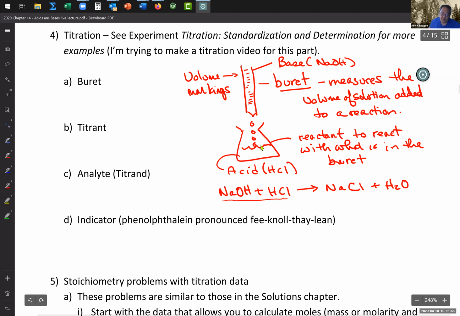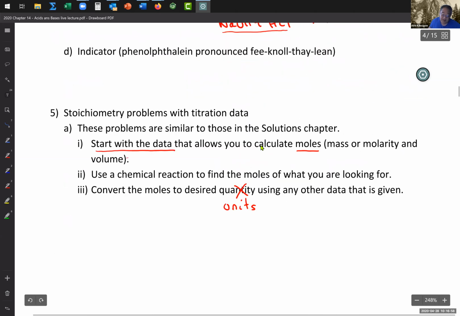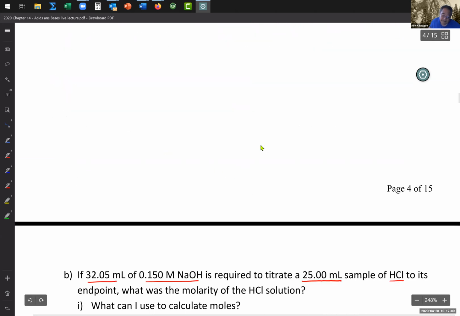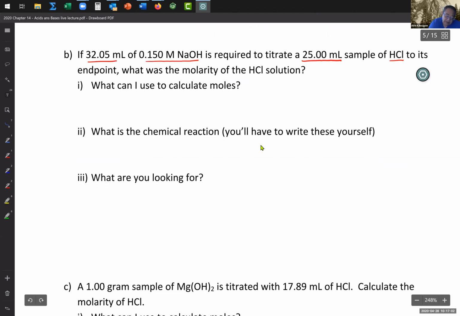And they call it the endpoint because that's when you stop, basically. So it says if 32.05 milliliters of 0.15 molar sodium hydroxide is required to titrate 25.00 milliliter sample of HCl to its endpoint, find the molarity of the HCl solution.